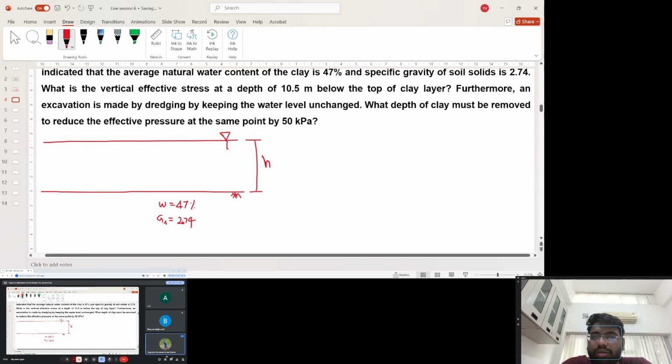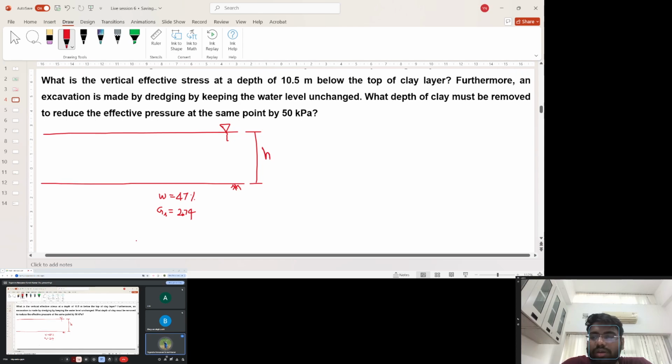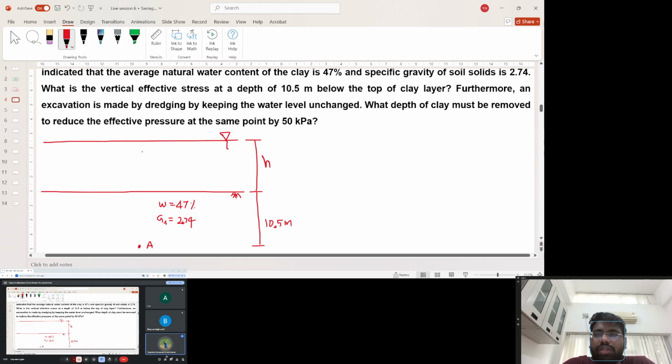Now, the depth at which the point of our interest is, let it be point A, and it is at 10.5 meters. So now what they are asking is, what is the vertical effective stress at a depth of 10.5 meters below the top of clay layer? So this is what they are asking.